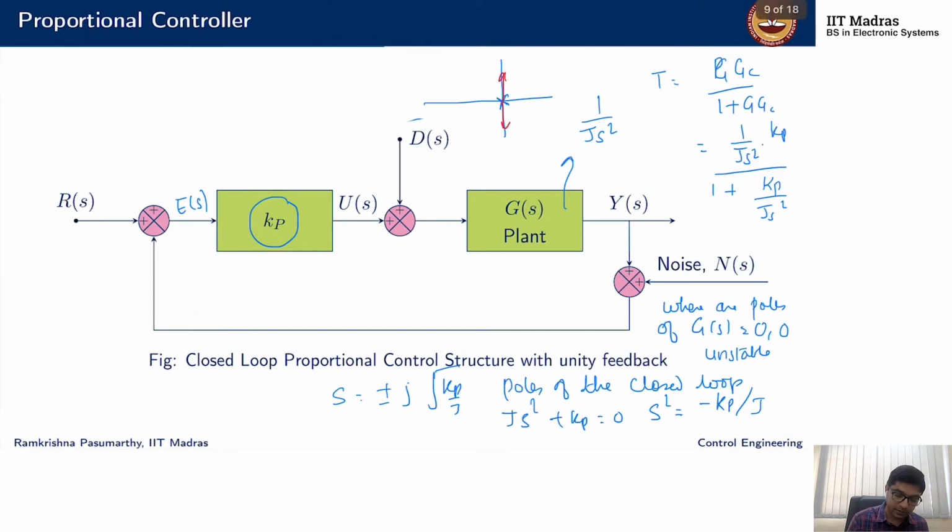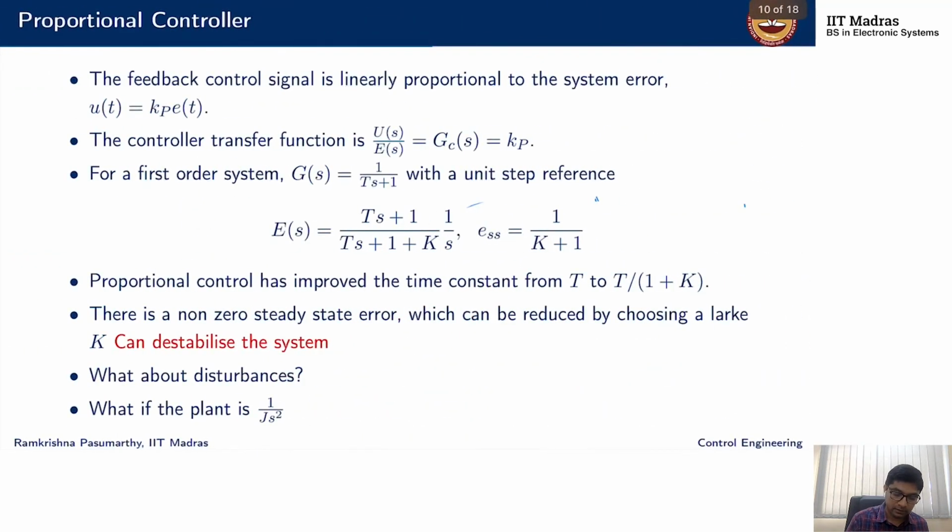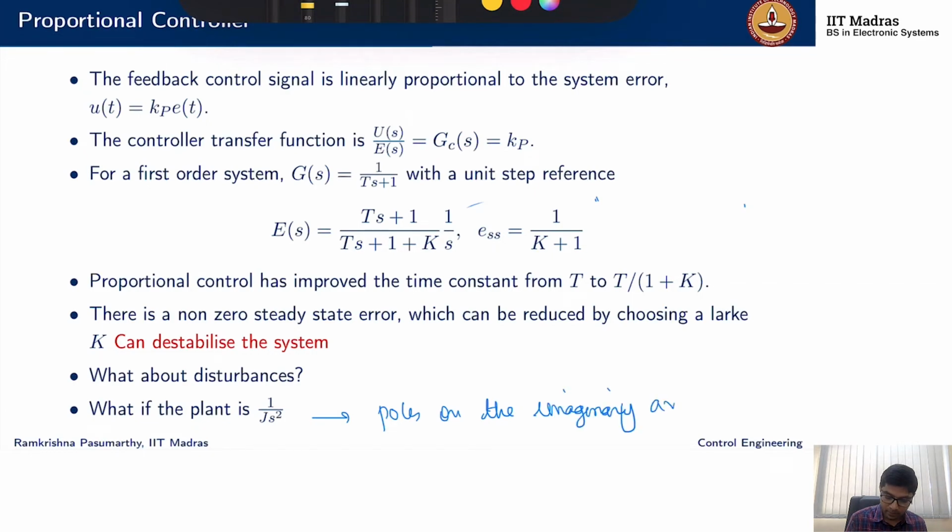So when G is 1 over s square, we'll just have poles on the imaginary axis. Or at best, I can go to a marginally stable system.